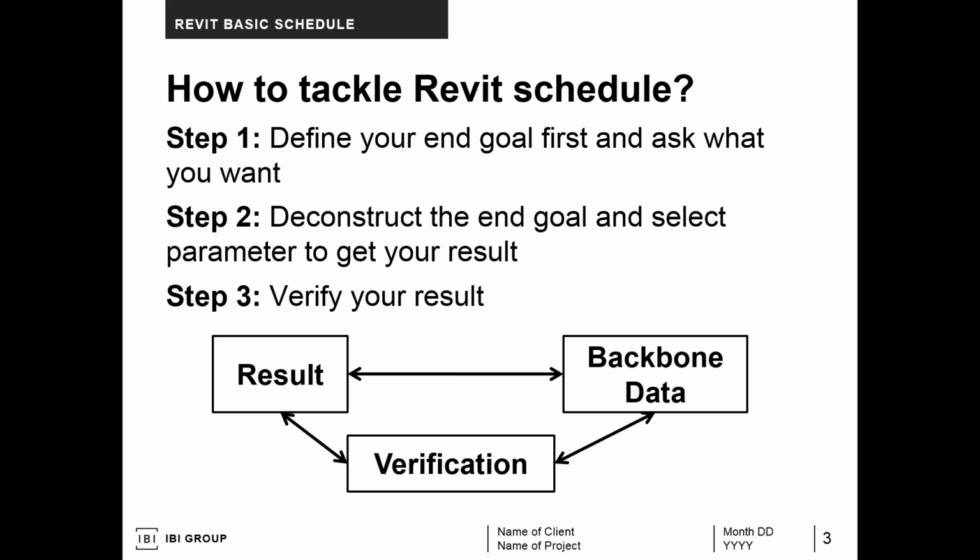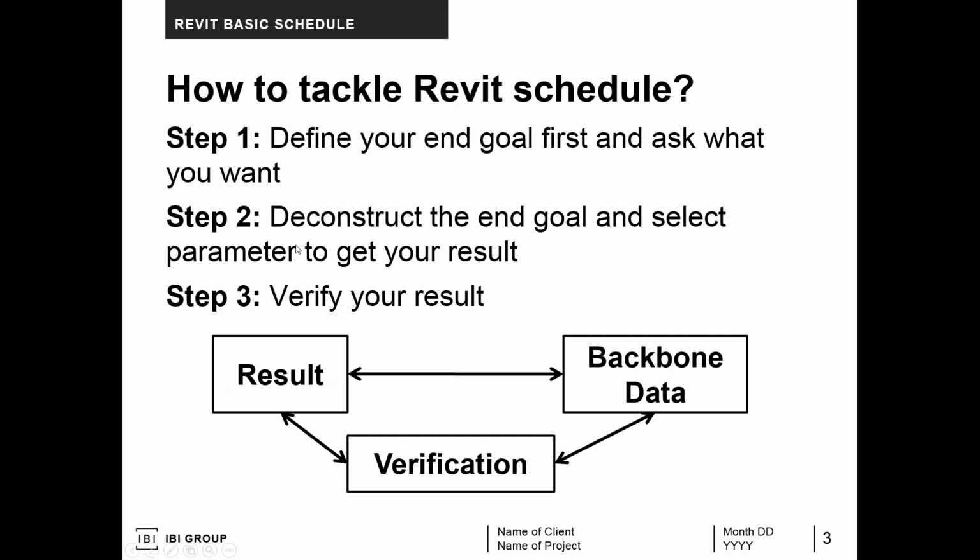Now, typically how do you tackle a Revit schedule? What I typically do is keep it in really simple steps, so you can follow through. The first step is to define your end goal and ask yourself what you want. First, visualize the result.